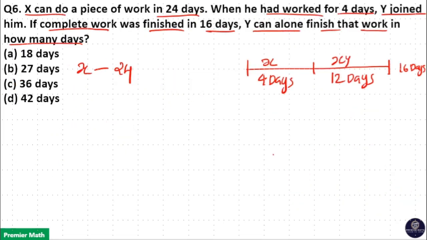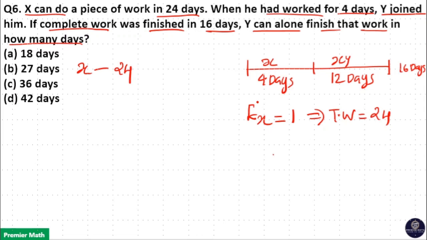Now, this question can also do in different way. That is, let's consider efficiency of X as 1 unit. That means total work will be 24 unit because X can complete one work in 24 days.